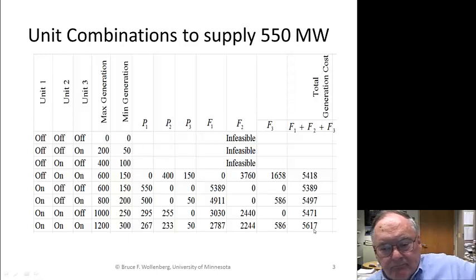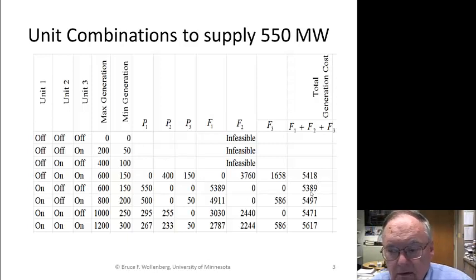Now notice that all 3 generators operating happens to have the highest total cost. The least cost, 5389, is right here.